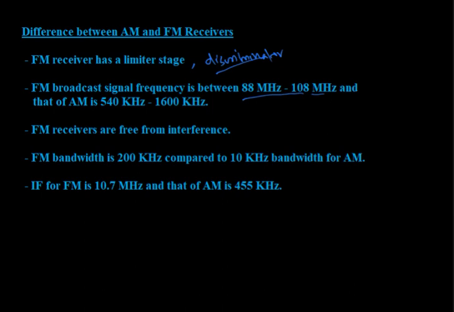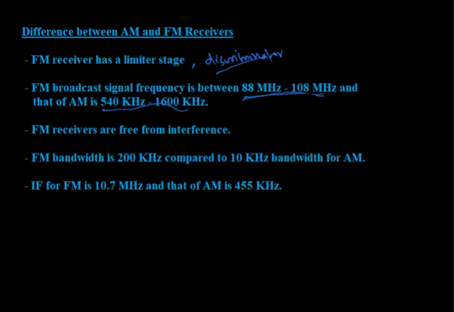That is the frequency range of the FM signal transmitted by the FM transmission stage. And in the case of AM, the broadcast signal frequency is 540 kilohertz to 1600 kilohertz.